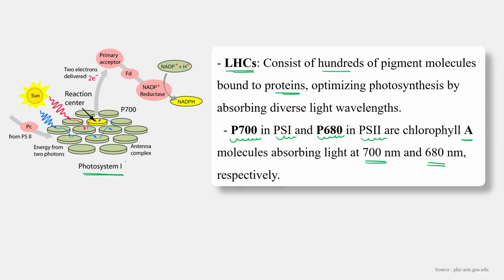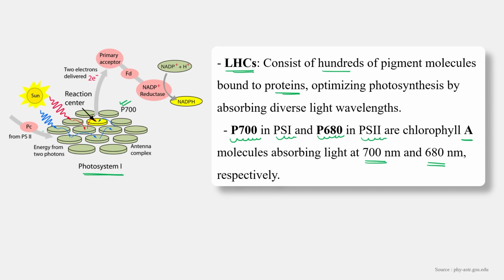This is PS1. So obviously PS1 is related to P700, and it absorbs a 700 nanometer wavelength of light. While P680 of PS2 absorbs a 680 nanometer wavelength.